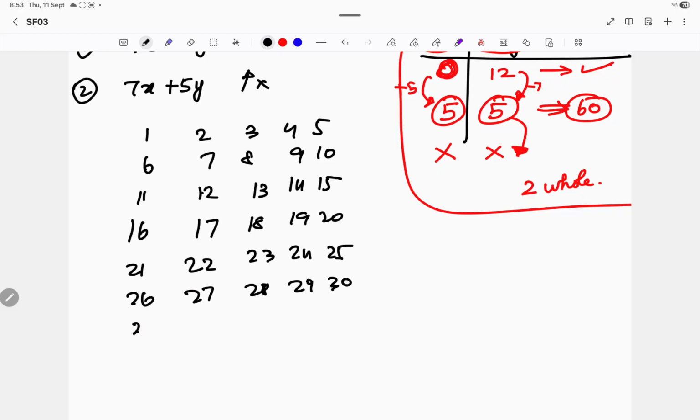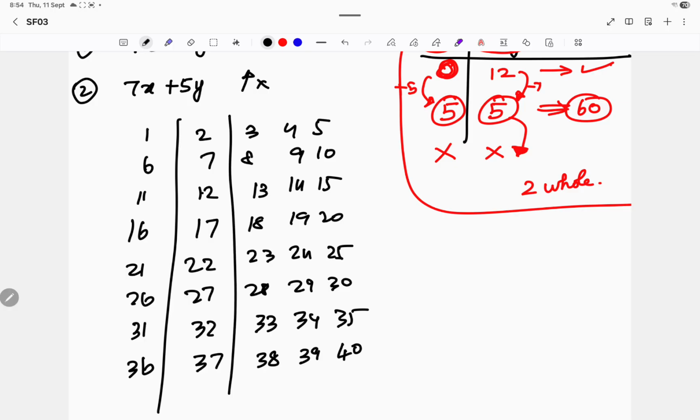Just 2 more rows: 31, 32, 33, 34, 35, 36, 37, 38, 39, 40. So now I filled in 5 columns.